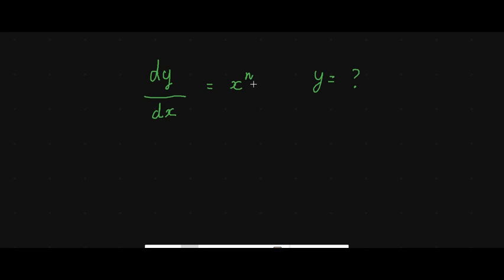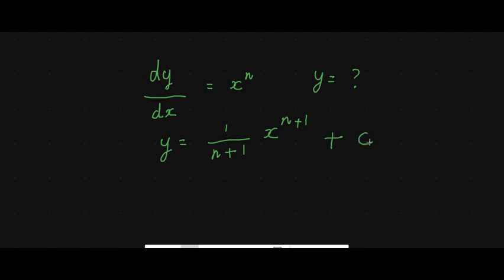Now the formula for this, which you have to remember, is y equals 1 divided by n plus 1, times x to the power of n plus 1, plus c.